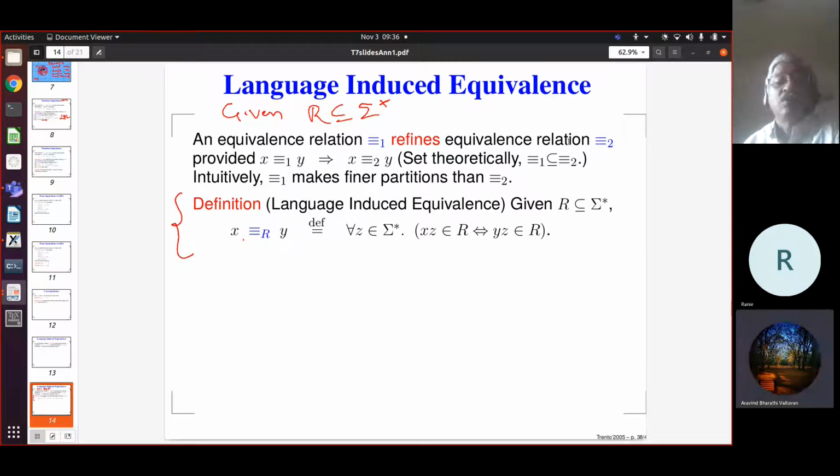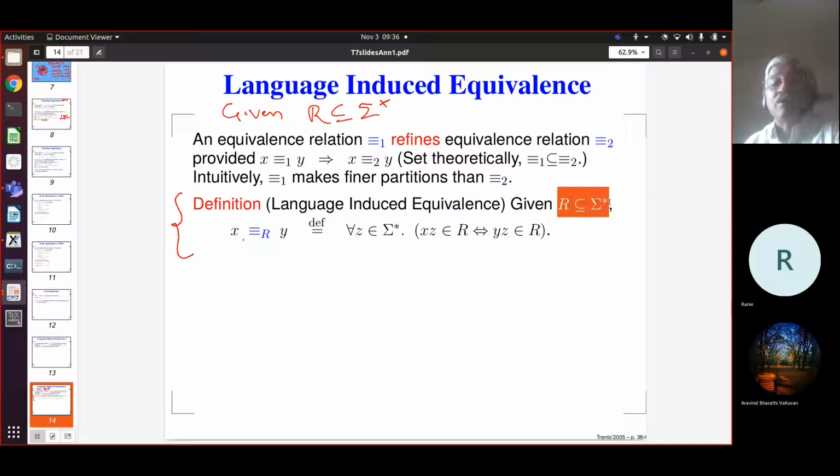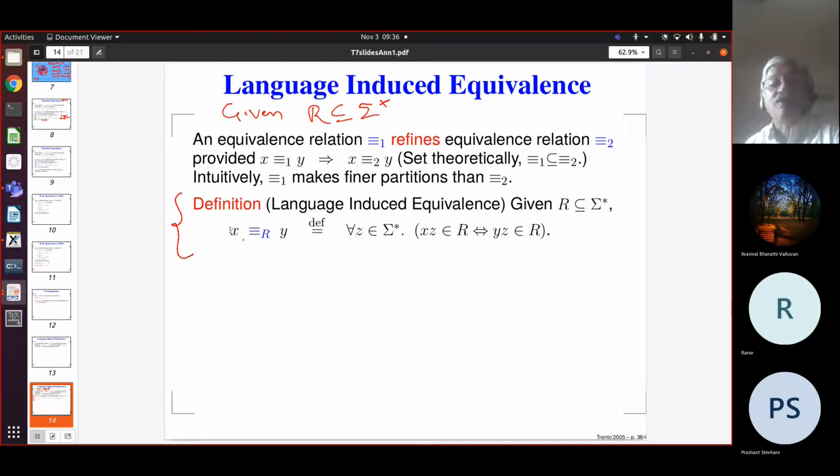Yes, sir, it's visible. Okay. So, given any language R, maybe context-free, maybe regular, may not be regular, and given two arbitrary strings X and Y belonging to sigma star, we check if they are equivalent.